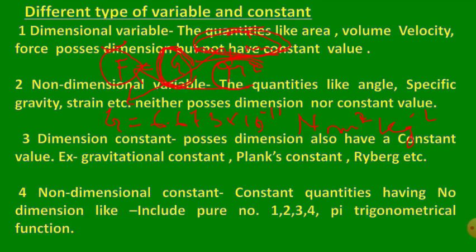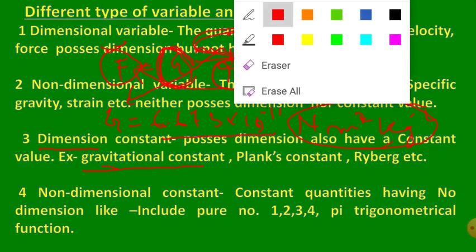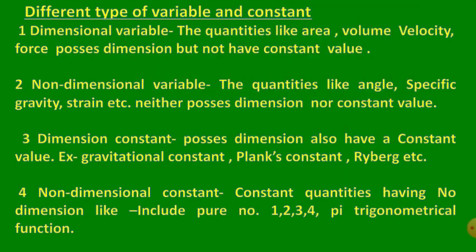So it has a fixed value. Your universal gravitational constant has a fixed value, and at the same time it has a unit. If it has a unit, we call it having dimension. So this is an example of a dimensional constant, constant because it has a fixed value.